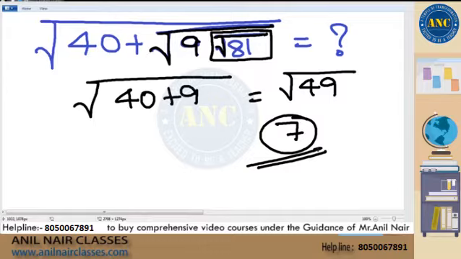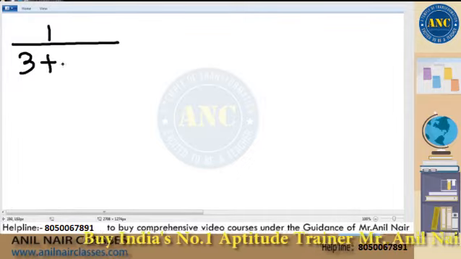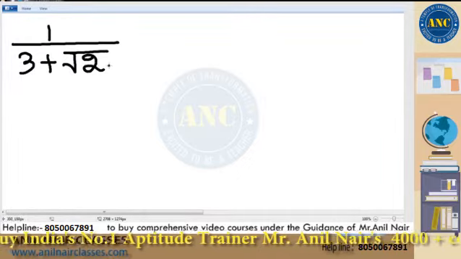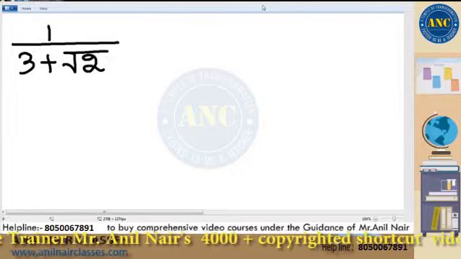Next, now see here. Now listen carefully, sir. This is something which I definitely want to teach my students, which you already know. These are all very easy because you have studied this from school days. Suppose I have 1 by 3 plus root 2. I want to express this in terms of a numerator.